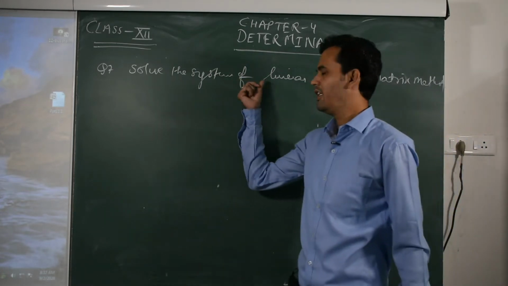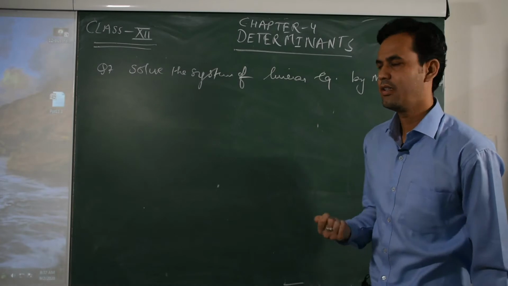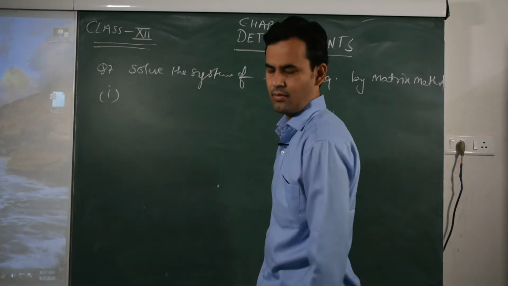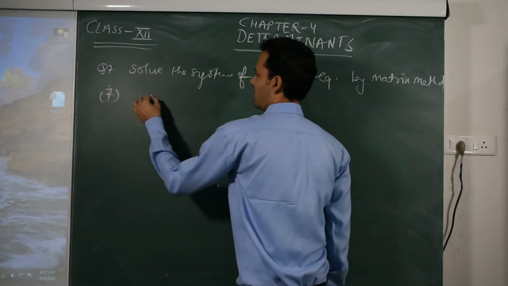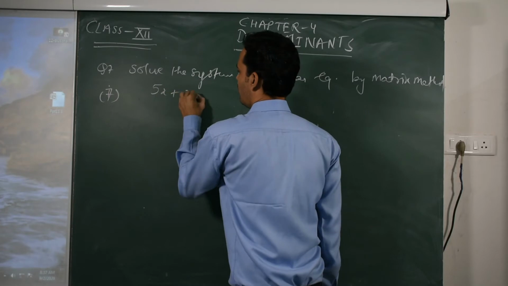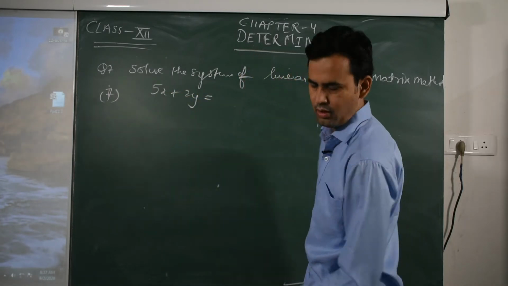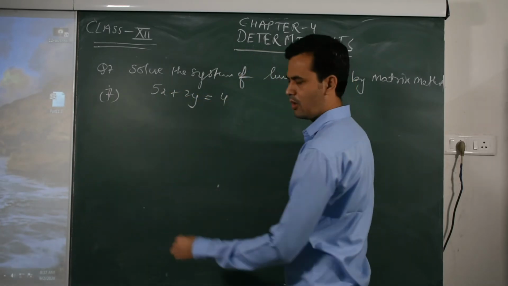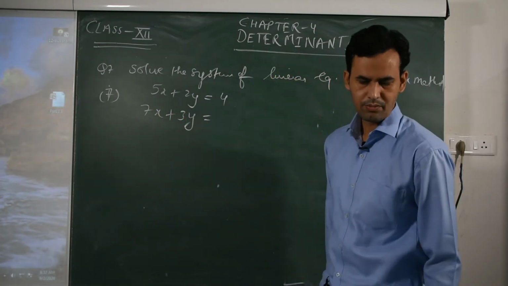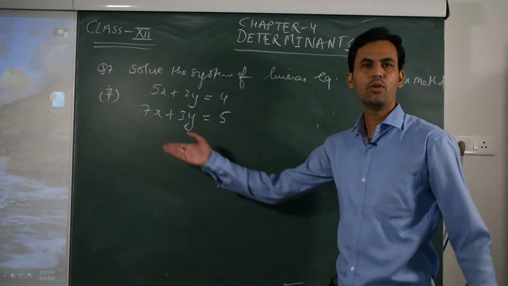So linear equation means having degree 1. There are two equations in the 7th question. First is 5x plus 2y equals 4, and another equation is 7x plus 3y equals 5.